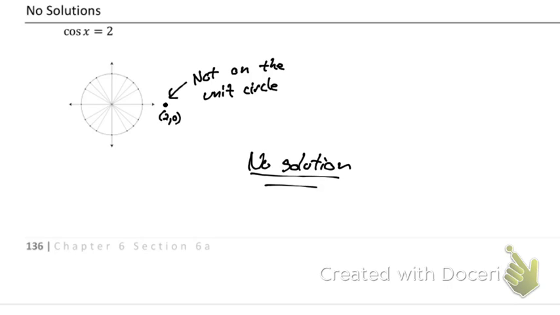That doesn't mean that if it's not on my unit circle, like the exact values I have, I'm going to put no solution. For example, if you look at problems 25, 27, and 29, those you will have to use your calculator to actually get those values.